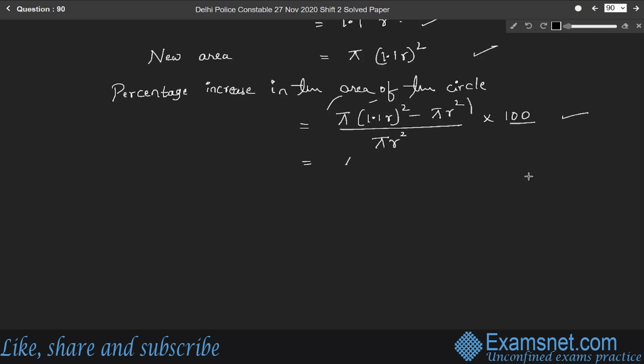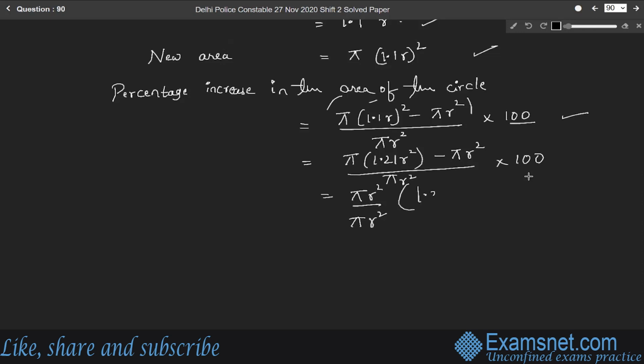Therefore, it is pi into 1.21 r square minus pi r square divided by pi r square. Here, pi r square is the common term, so pi r square will get cancelled. So 1.21 minus 1 into 100.